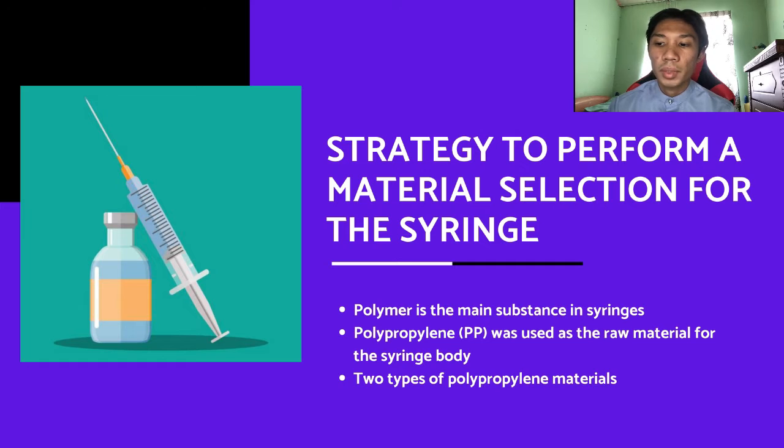The syringe is made primarily of polypropylene as previously stated. Last, two types of polypropylene materials, such as copolymer and homopolymer. In order to choose the appropriate material, the real process of industry should be studied.